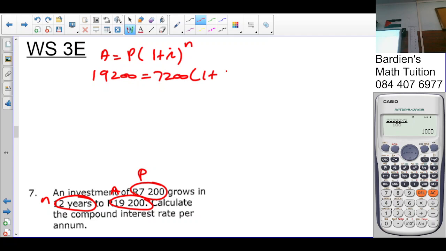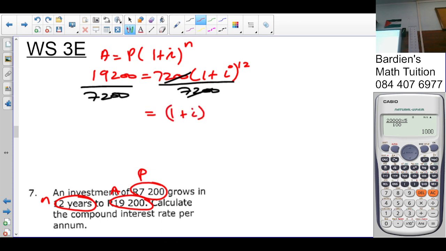We're calculating i to the exponent 12. So what's the first thing I need to do? Divide by 7,200, both sides. That cancels, not so. So it's going to be 1 plus i to the 12. And then I calculate 19,200 over 7,200. 8 over 3. I try to keep it in fraction form.